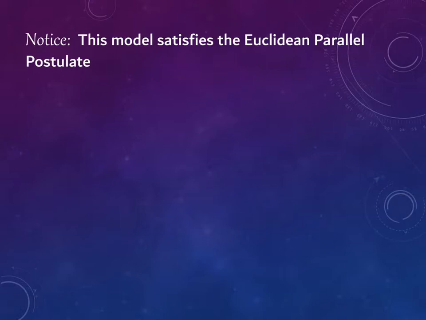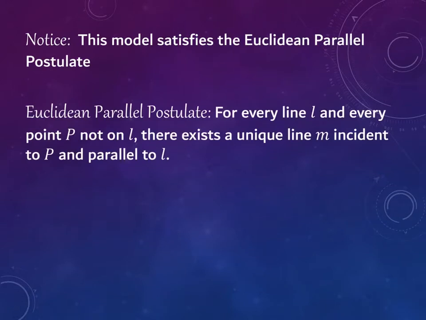As a reminder, I've got the Euclidean Parallel Postulate written in here. For every line L and every point P not on L, there exists a unique line M incident to P and parallel to L.